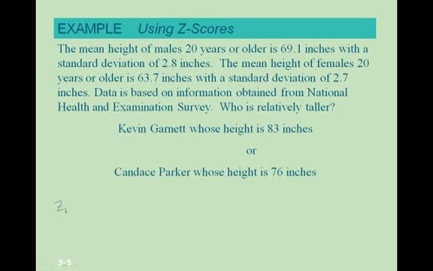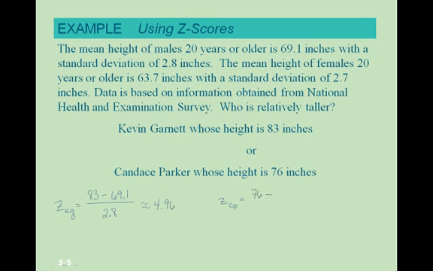So the z-score for Kevin Garnett, we're going to take his value, which was 83, and subtract the mean for the males, which was 69.1. We'll then divide that by the standard deviation for the males, which was 2.8. And we'll get approximately a value of 4.96. So now let's find the z-score for Candace Parker. Her height is 76 inches.